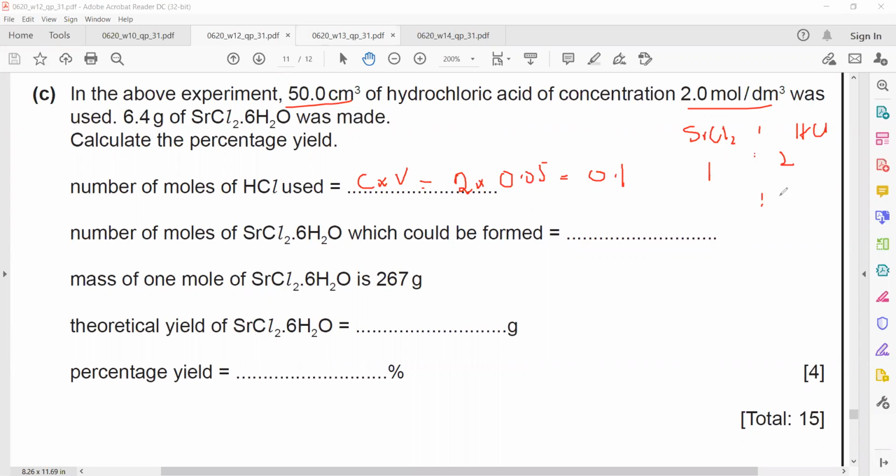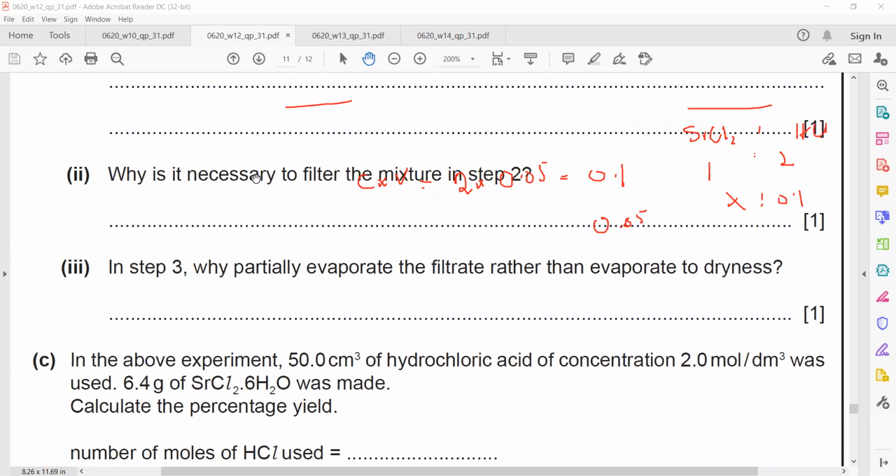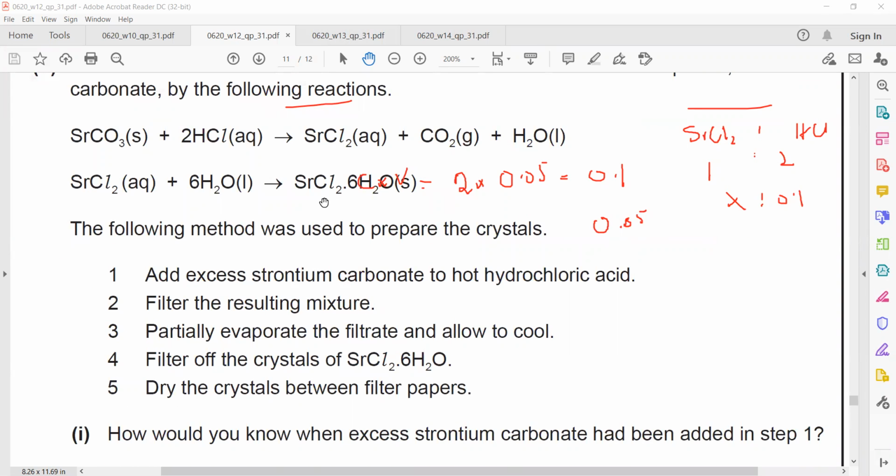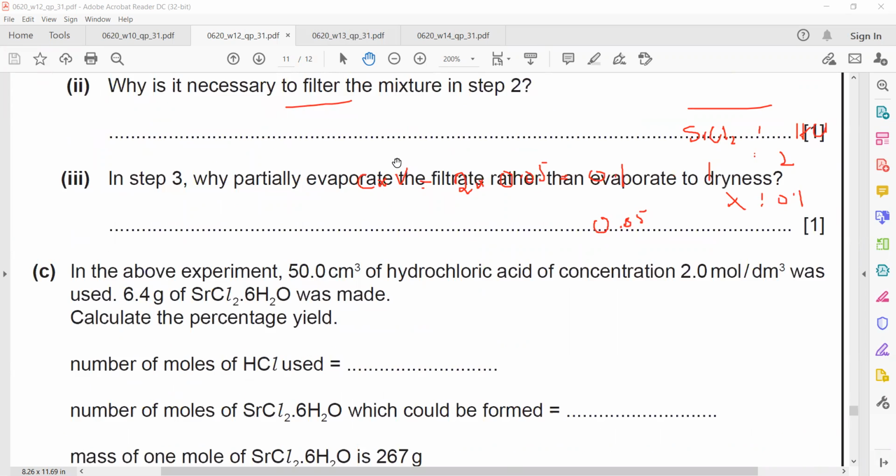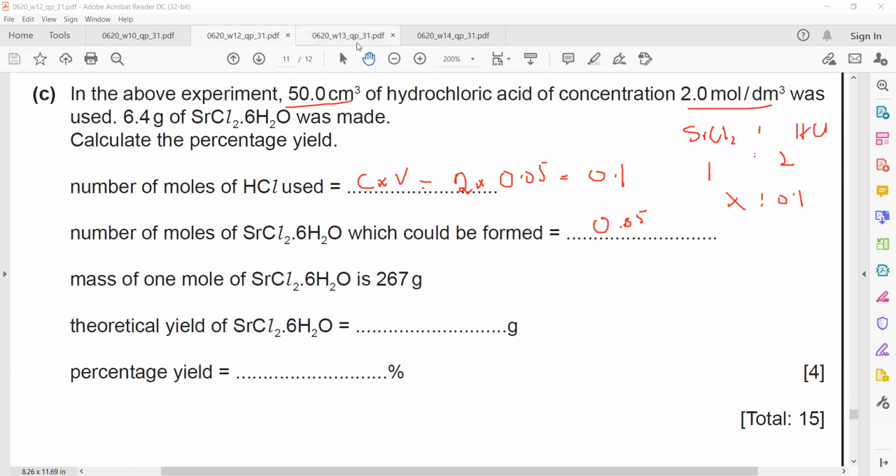So if you have 0.1 moles, then it will be X. Cross multiply, so you'll get 0.05. That is strontium chloride moles, and hydrated strontium chloride will also be the same number of moles, because strontium chloride and hydrated strontium chloride have the ratio 1:1. Anhydrous and hydrated, the ratio will be same.